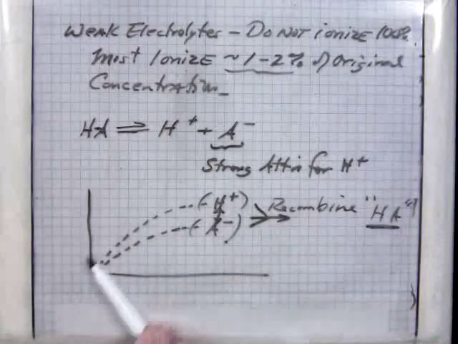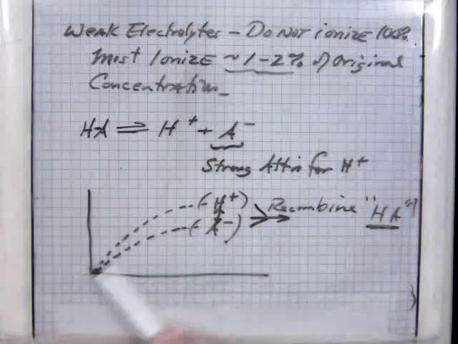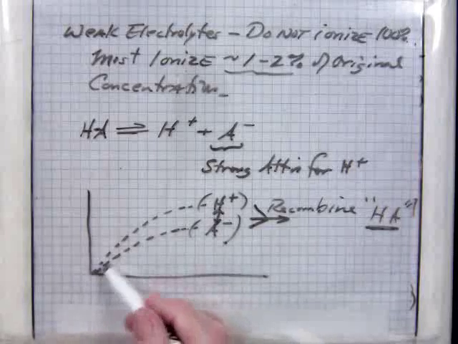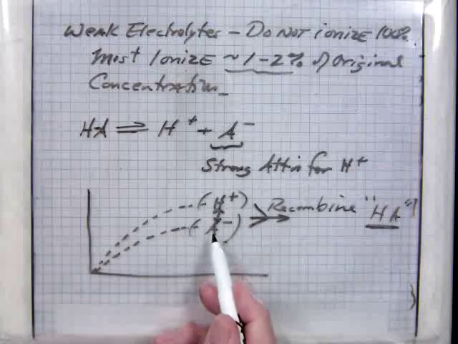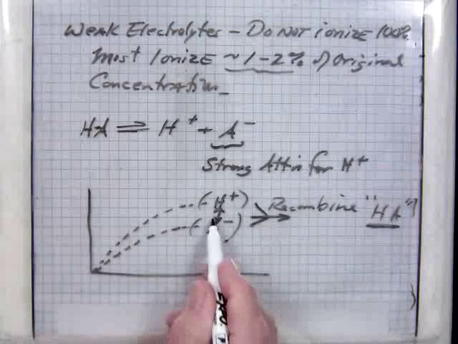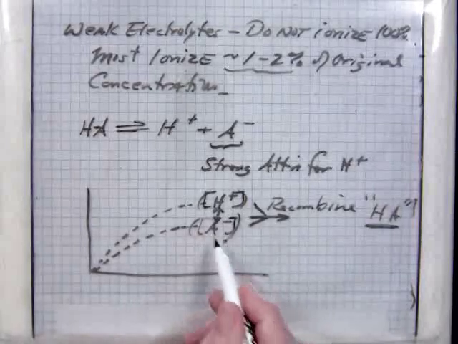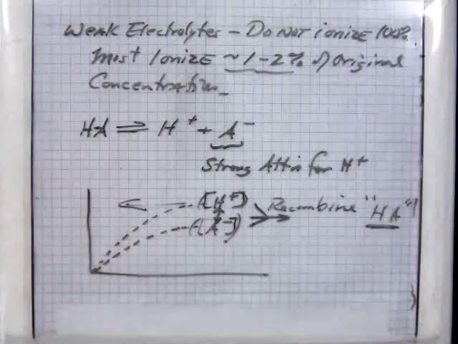So while we reach this point very quickly, the weak electrolyte continues to deliver hydrogen and anions into solution, but at a certain concentration of anion and hydronium ion, they start recombining and shifting back the other direction.